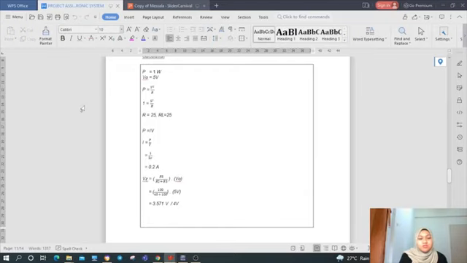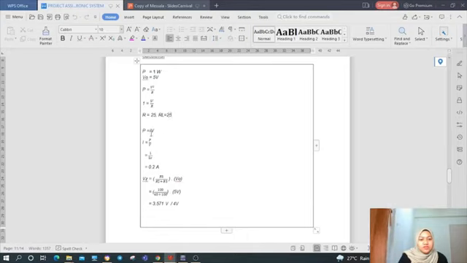Before we construct the circuit, we must find all the parameters by doing calculation. Firstly, we find the value of the resistor using the power formula P equals V squared divided by R. Then we substitute the value of P as 1 watt and V as 5 volt, and we get the answer of 25 ohm as the load resistor.